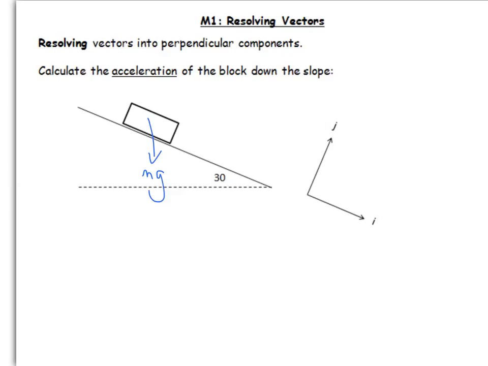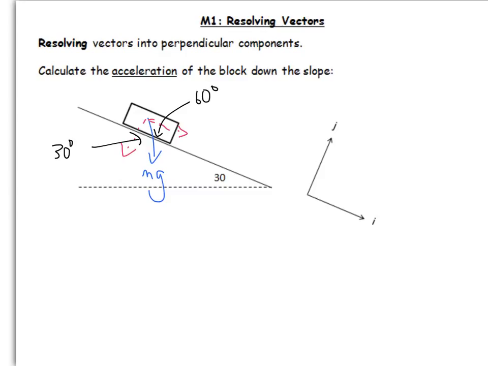So we've got this part here, and this part in here. We need to work out what these two angles are. So in here, this will be 30 degrees, and in this, it will be 60 degrees.